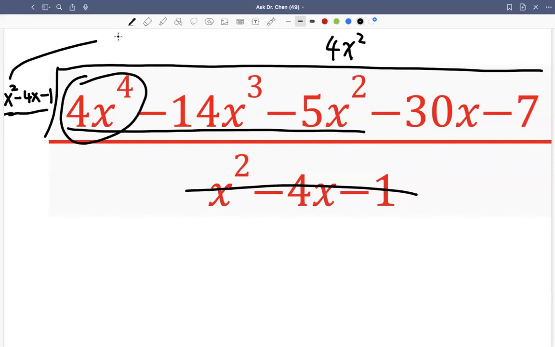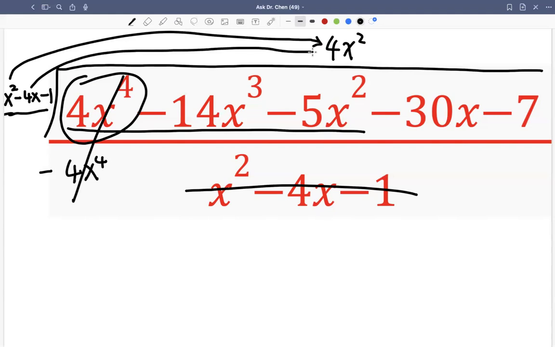Now, x squared times this quotient, that's 4x to the 4th. Later on, we're going to subtract. Once we subtract, those two become 0. Then negative 4x times 4x squared gives us negative 16x cubed.